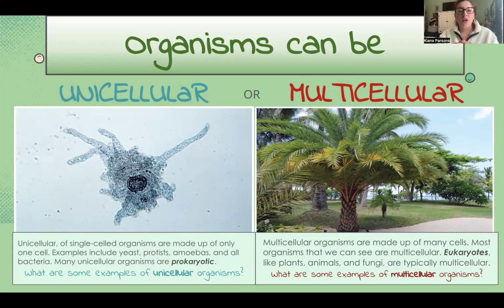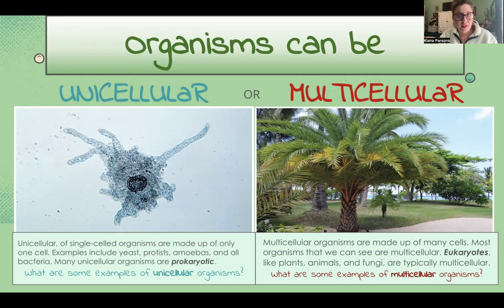All right. So, what about now? Moving away from bacteria, unicellular organisms, and talking about the multicellular organism, us, that's colonized by bacteria all over. Multicellular organisms are made up of many cells. Most organisms that we can see with our naked eye are multicellular, and we call these typically eukaryotes, which include plants, animals, and even fungi like mushrooms, are all multicellular eukaryotes.